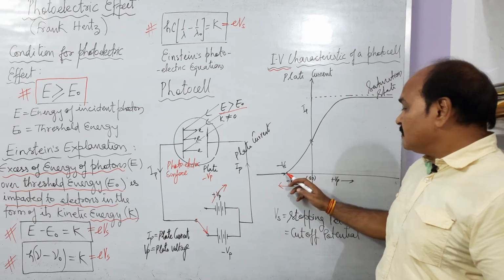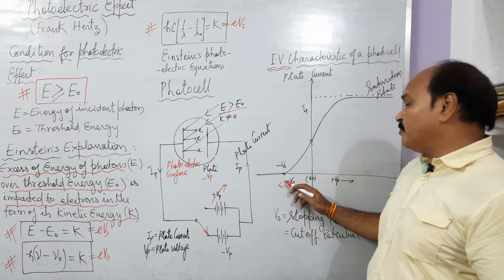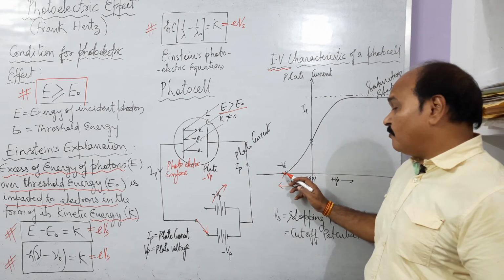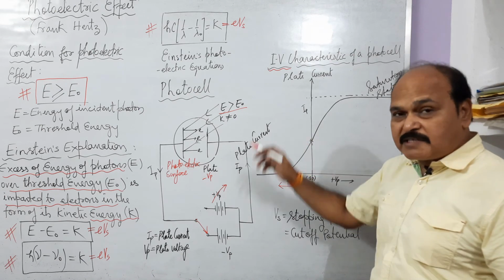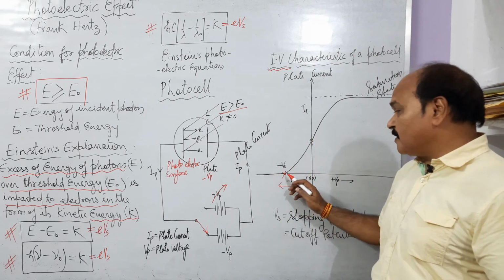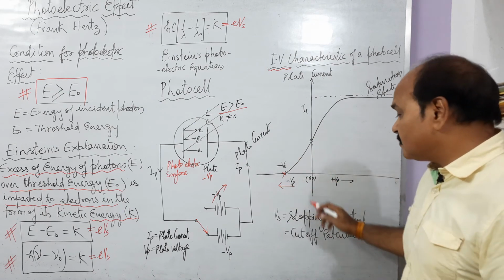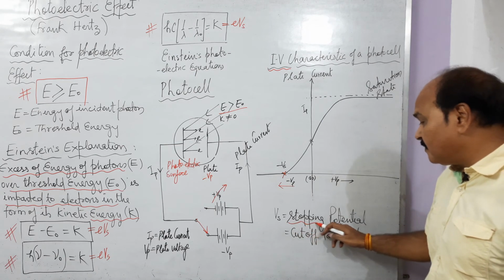As we increase the value of negative potential, current decreases, and this is the value of negative potential for which the current becomes zero for the first time. This potential is called stopping potential. Very, very important.